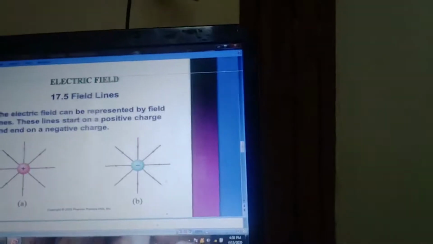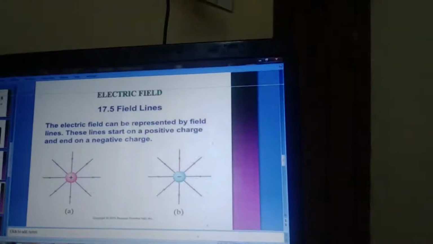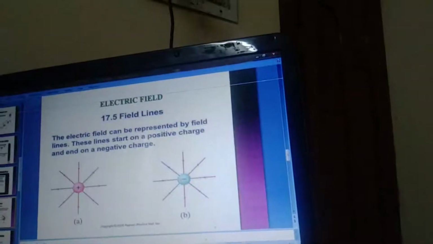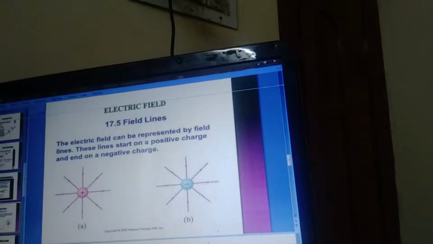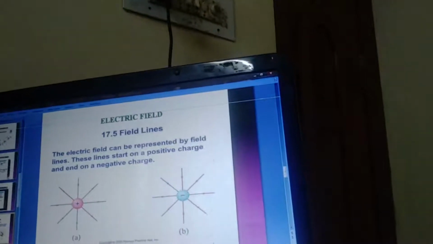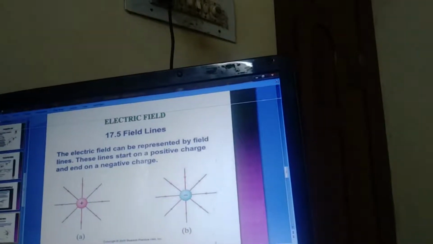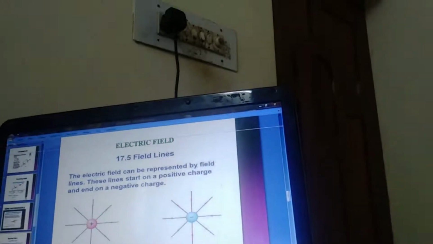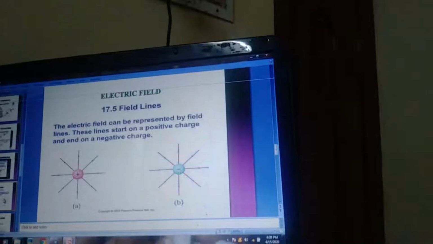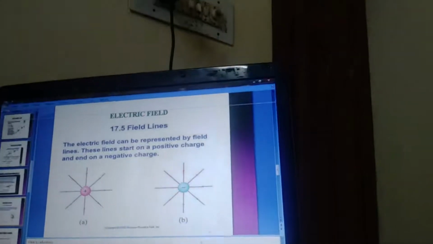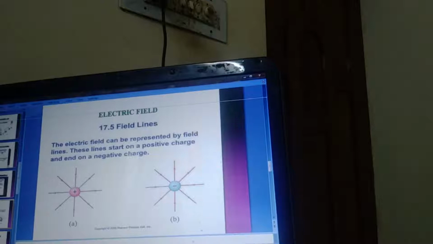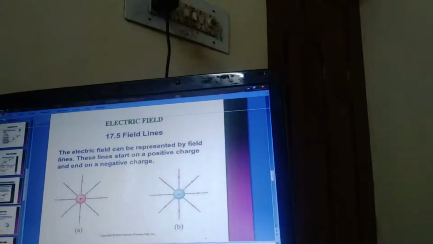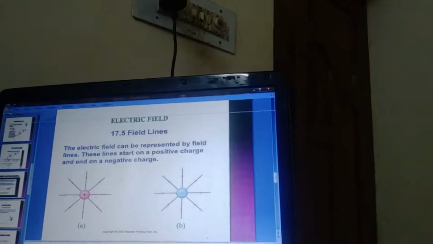From a positive charge, these electric field lines are diverging, and to a negative charge, the field lines are converging into that negative charge. Electric lines of force are different for positive charge and negative charge, different in terms of their direction.